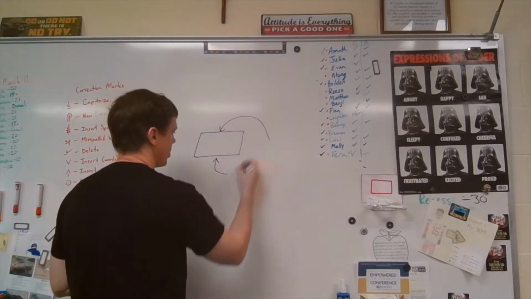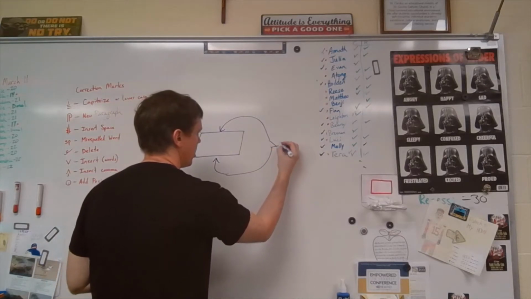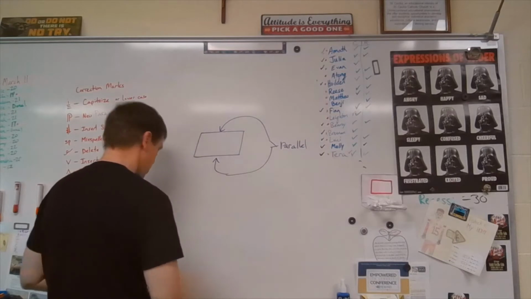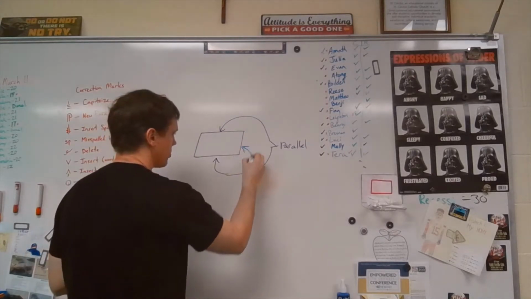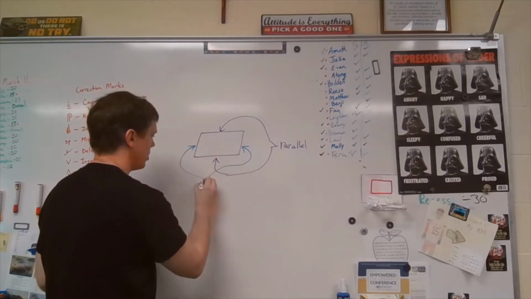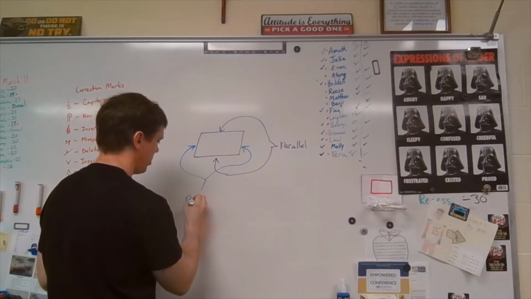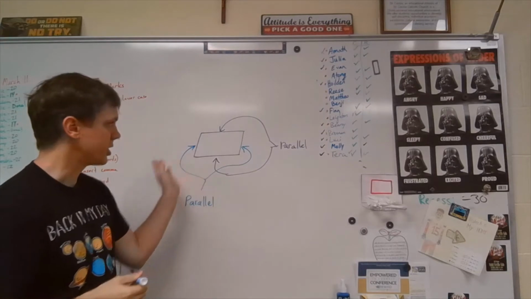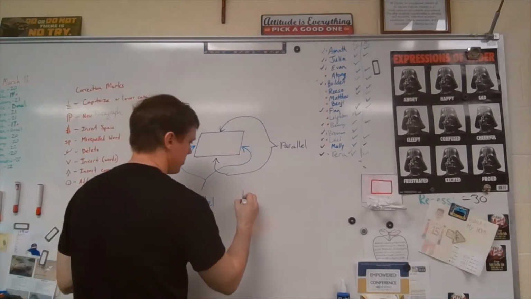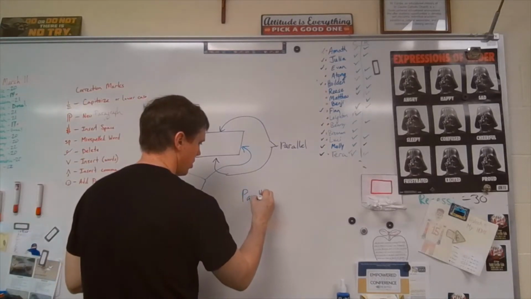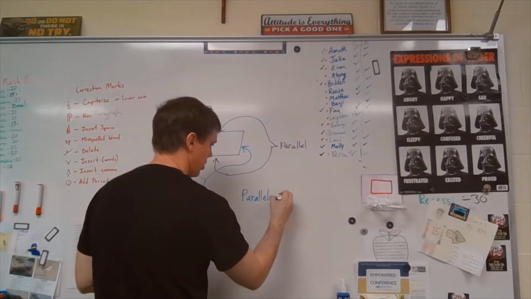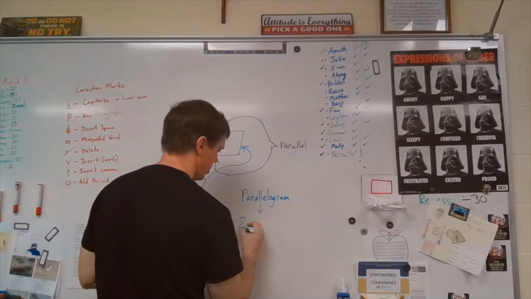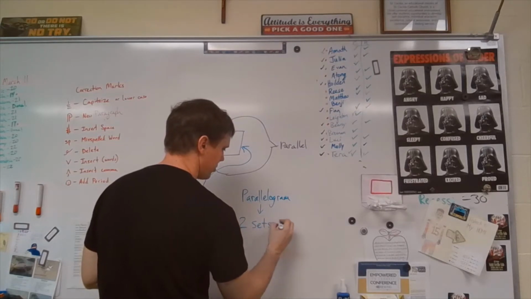So these here are parallel, and this one and this one are parallel. Okay, so parallelogram is two sets of parallel sides.